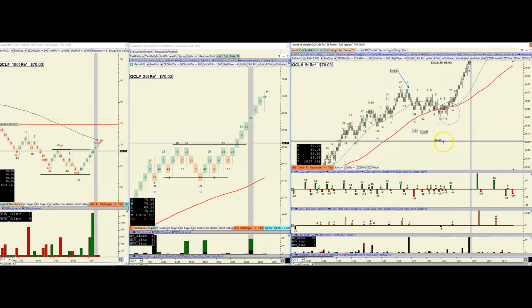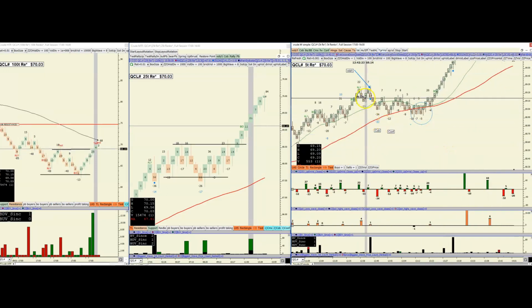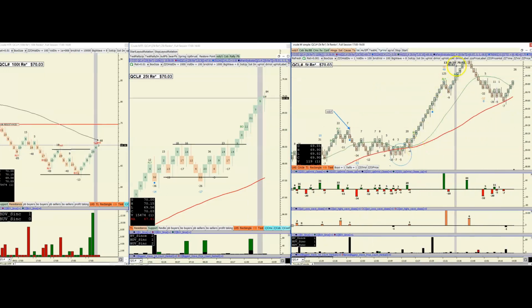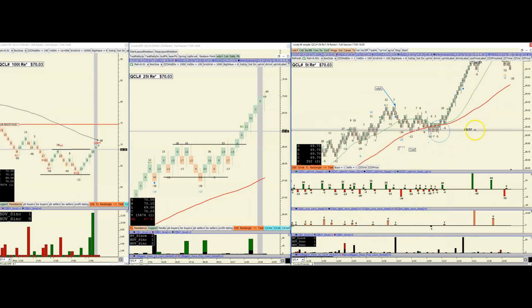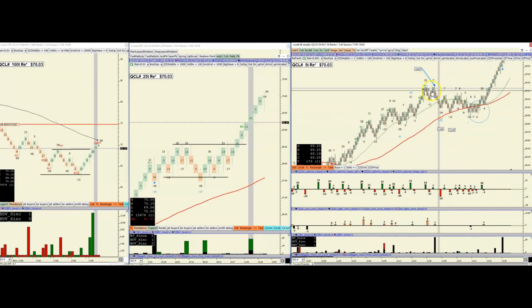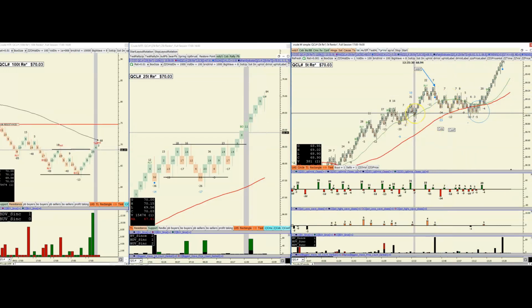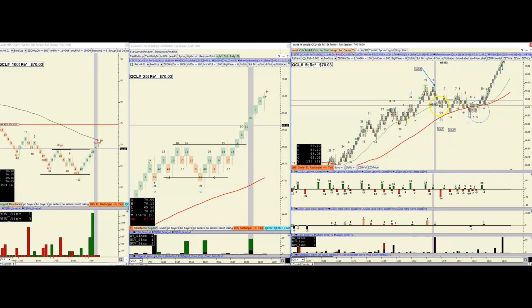Boom. Now, what was going on here is you have a very high wave. So what does that mean? That means individuals took short positions. This selling wave, because it had lower lows like this, shorts did come in.